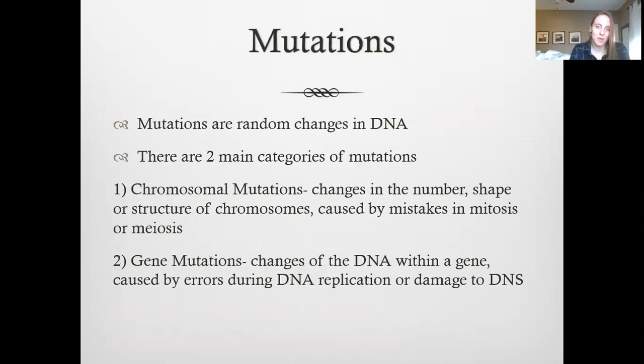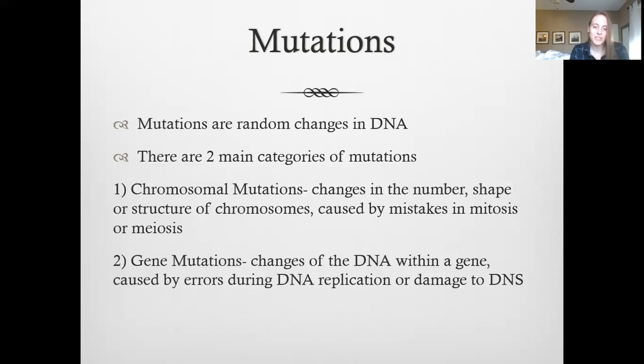So like we've talked about before, a mutation is just a random change in DNA, and the two main overarching categories are chromosomal mutations and gene mutations. Chromosomal mutations are when the number of chromosomes or the shape of the chromosome changes, and this can be caused by a mistake in division, either mitosis or meiosis.